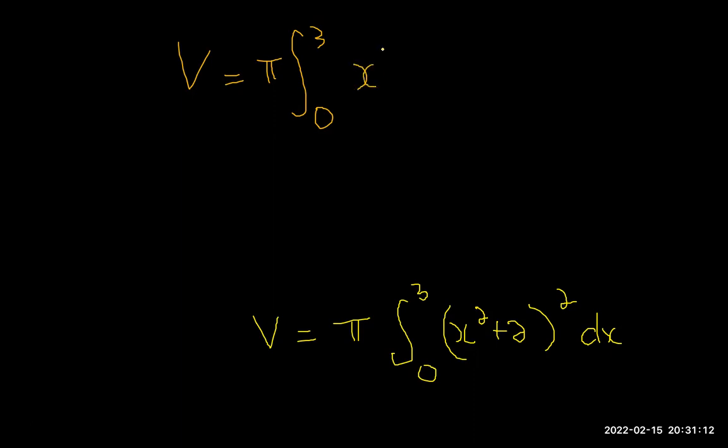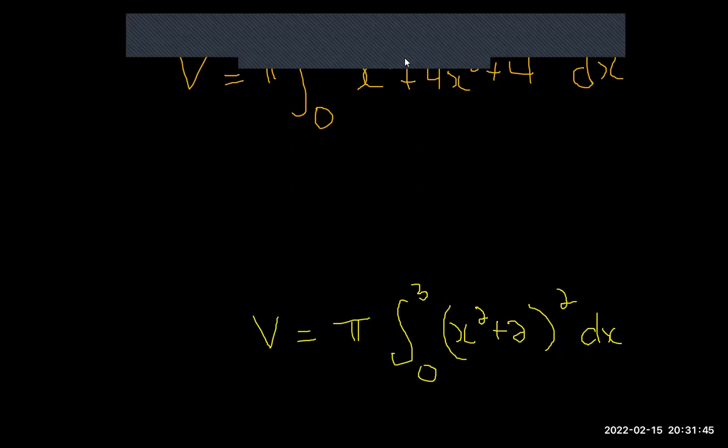Using the distributive law, you multiply each term, so the x squared by x squared, and then x squared by 2, and then 2 by x squared, and then 2 by 2. So using the distributive law, expand this bracket, and you'll end up with x to the 4 plus 4x squared plus 4.